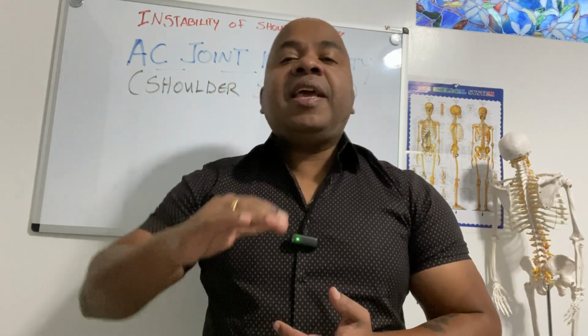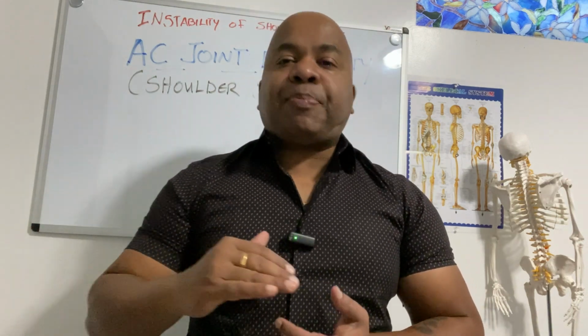So the axis for this movement, the forward and backward tilting of the scapula, is an inclined coronal axis, the frontal or coronal axis. So the plane is the scapular plane.